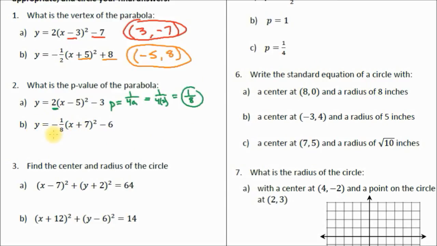The next one, we have an a value of -1/8. So to find the p-value, p is equal to 1/4a. Let's write this out so we keep everything neat here. This is 1/4 times -1/8.